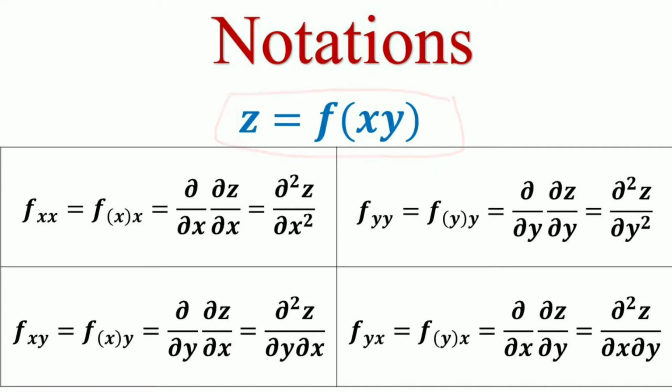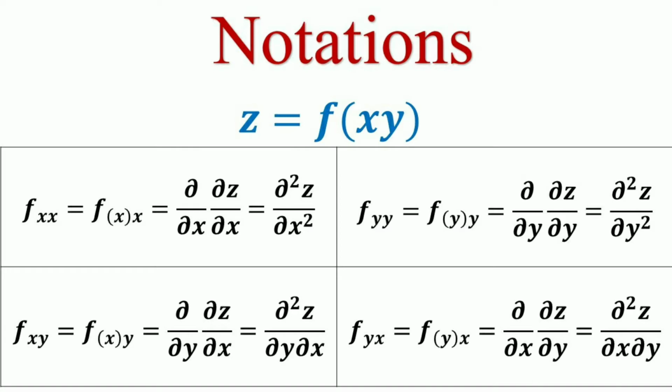Given a function z equal to a function of x and y, the second order direct partial derivative signifies that the function has been differentiated partially with respect to one of the independent variables twice, while the other independent variable has been held constant.